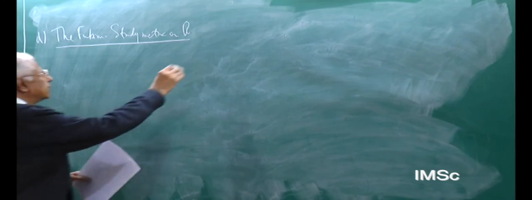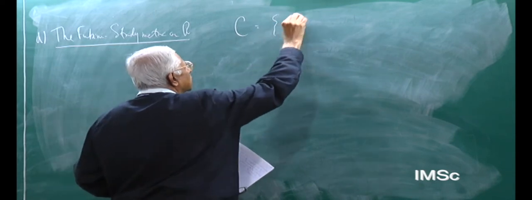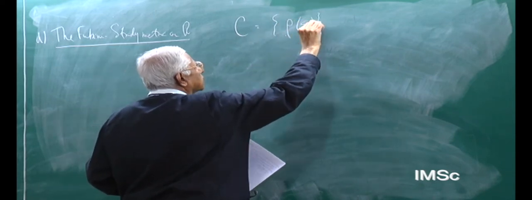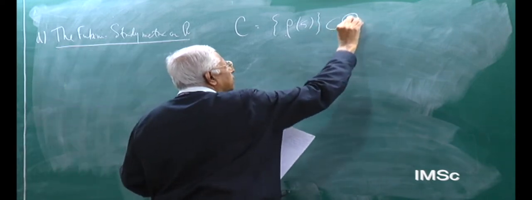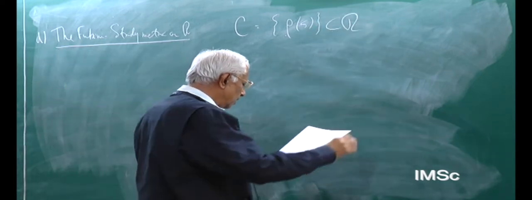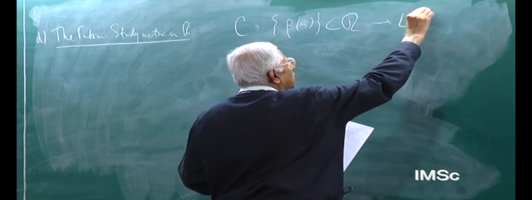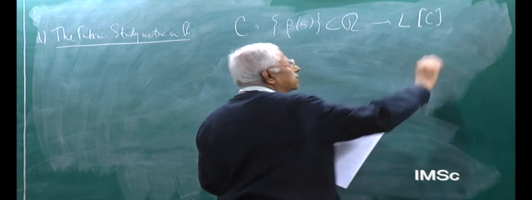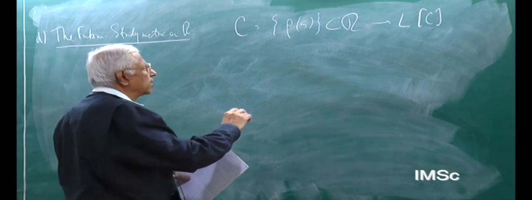Now, suppose we start, as we did earlier, with a sufficiently smooth parametrized curve in the ray space. Then I have given you a way to compute the length functional. It was an integral over the parameter, but in a reparametrization invariant manner.